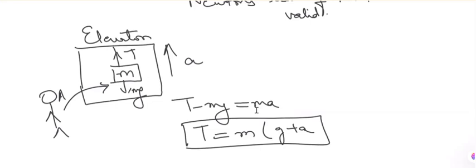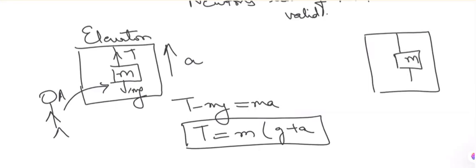Next, suppose I make another elevator in which the mass is again hanging like this. Let's say mass m, with mg and tension T, and the person is standing inside.